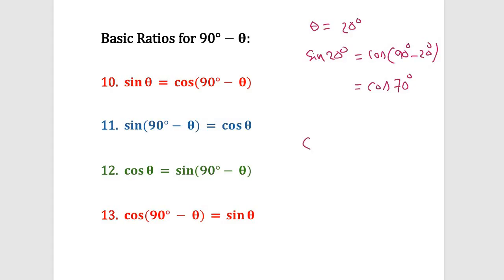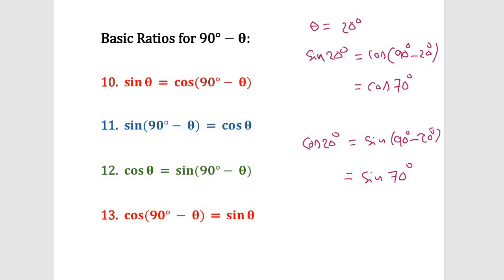Similarly, cos 20 degree equals sin 90 degree minus 20 degree, or we get sin 70 degree.